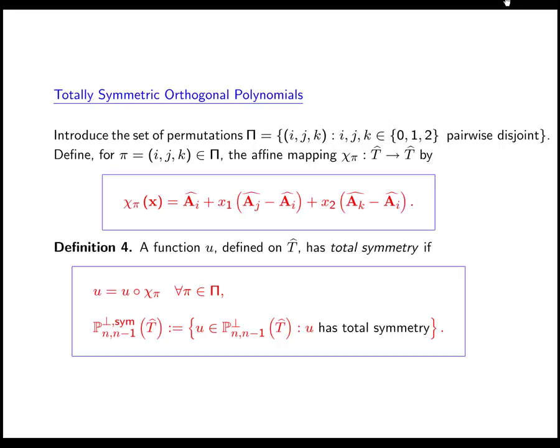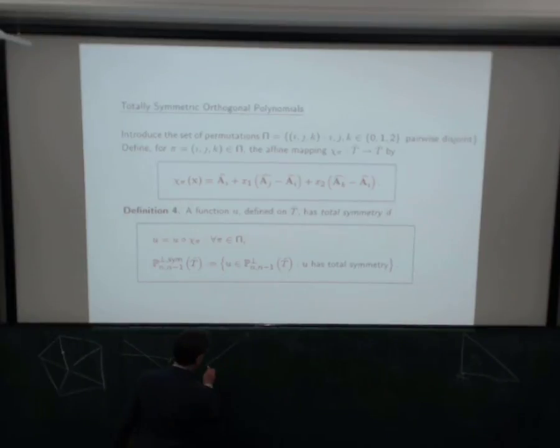And interestingly, in the literature, these polynomials are not so well studied. Before I come to the construction of the basis of this space, so these are the symmetric ones in the space of all the orthogonal polynomials, I will try to explain why these are important.